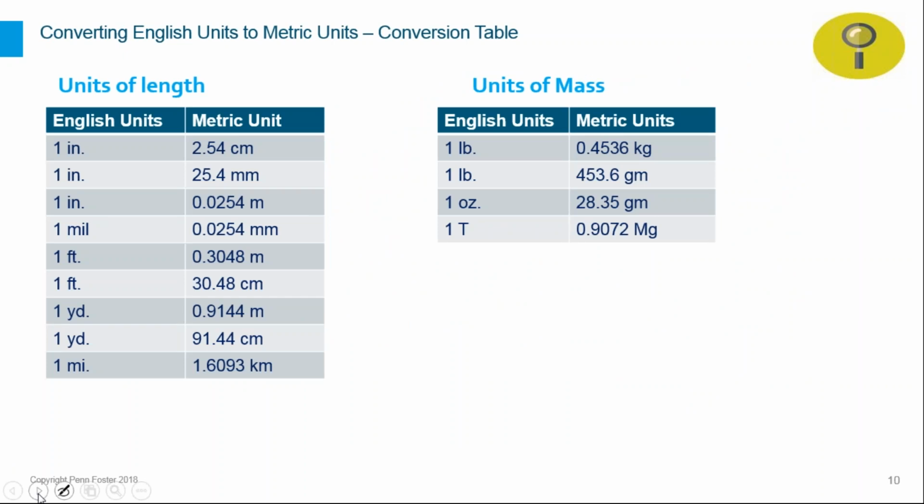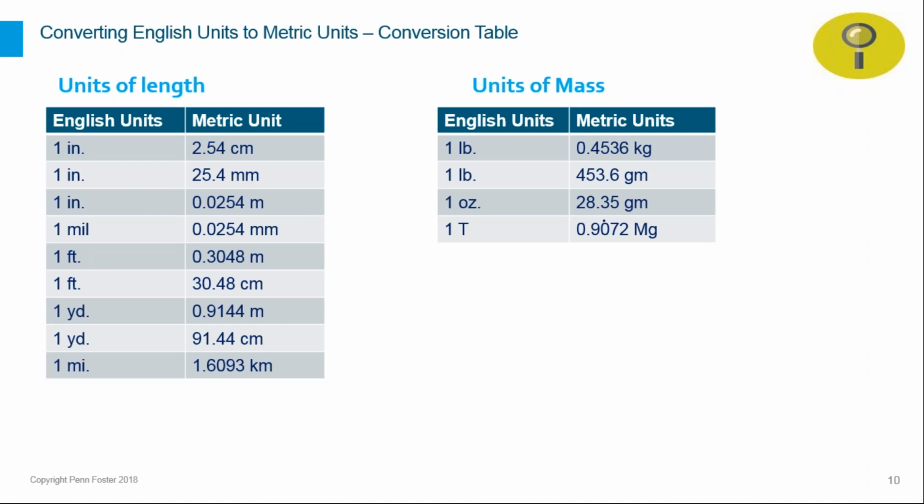The same idea, by the way: we're going to use conversion tables. The conversion tables will let us know how many English units are in a specific metric unit, either in length or mass. And we're going to do the proportion as well.